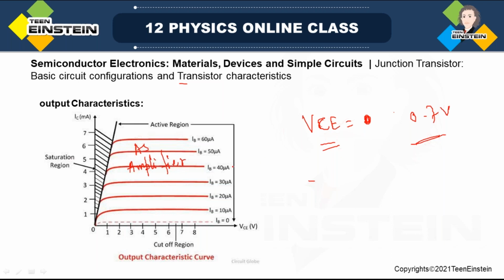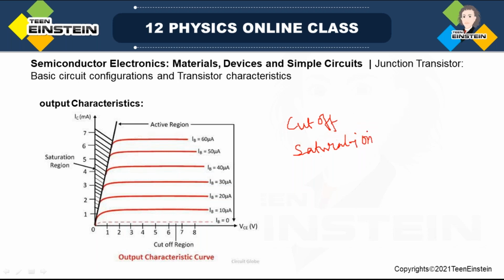Now if you want to use the transistor as a switch, you can use the cutoff and saturation regions.